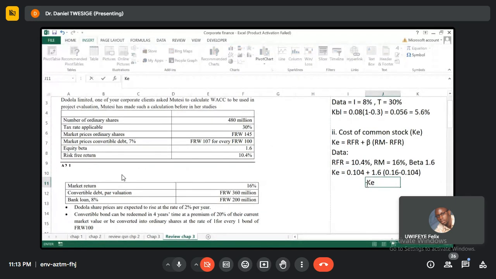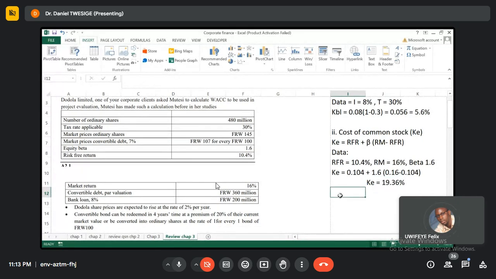Our KE is, use your calculator, percent.